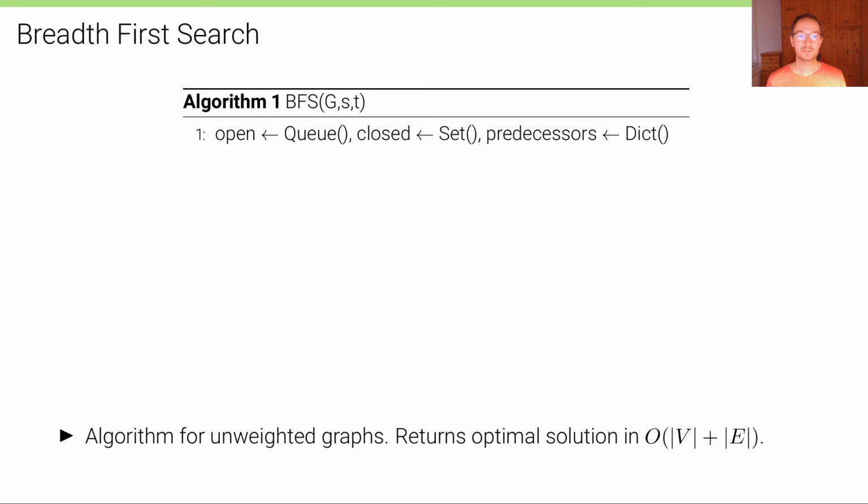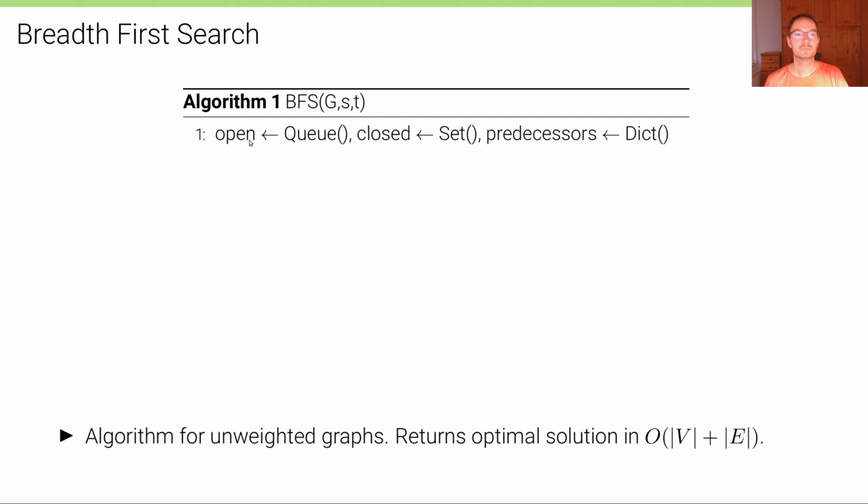Now, how does the breadth-first search algorithm work? We first define the so-called open queue, and then we define 2 additional variables. One is the so-called closed set variable, and then we have a dictionary that's called predecessors.